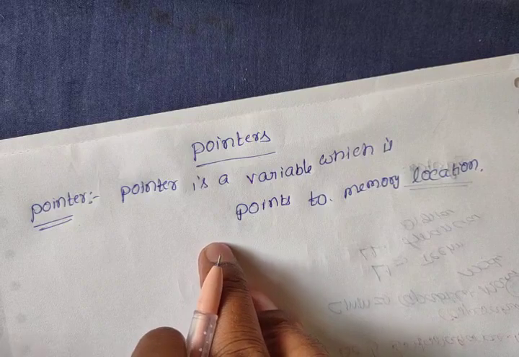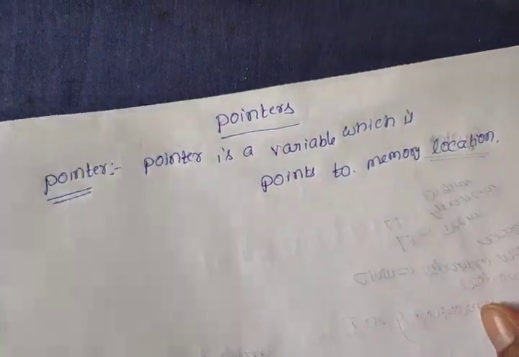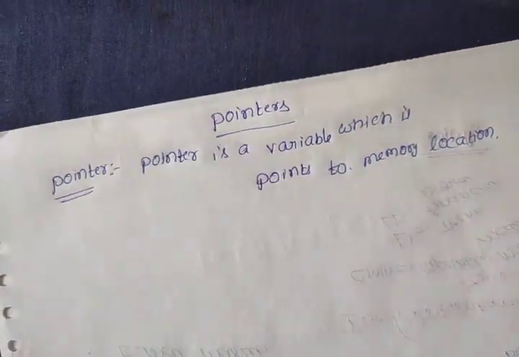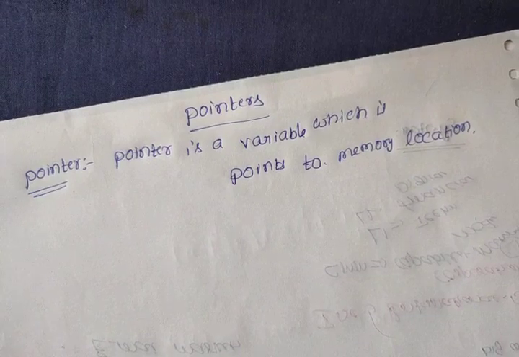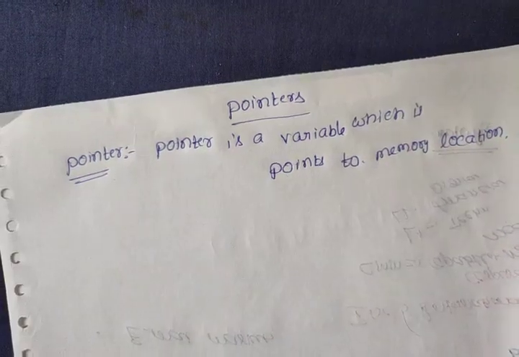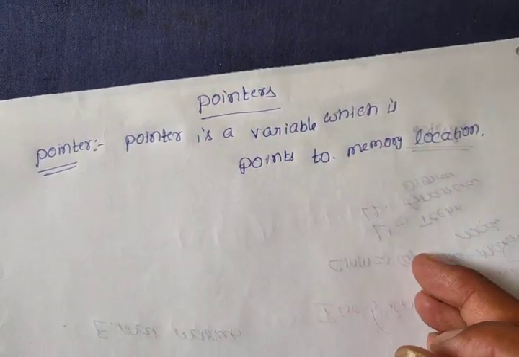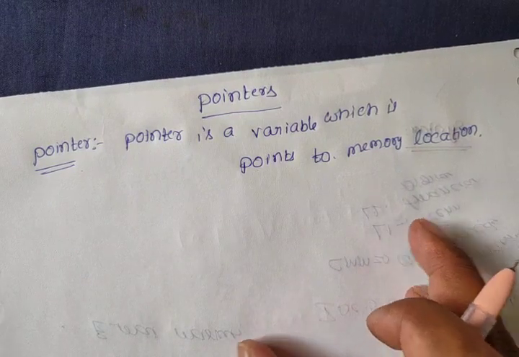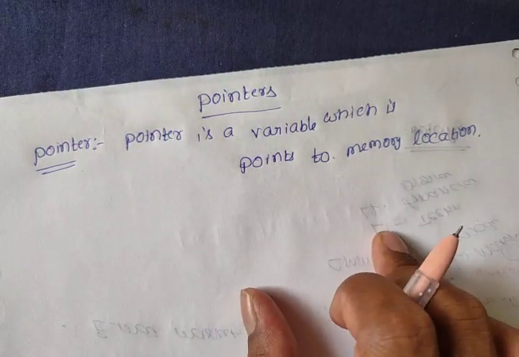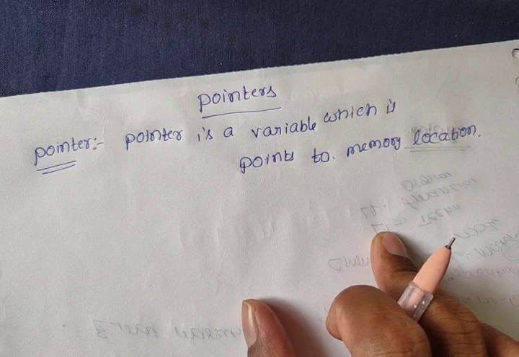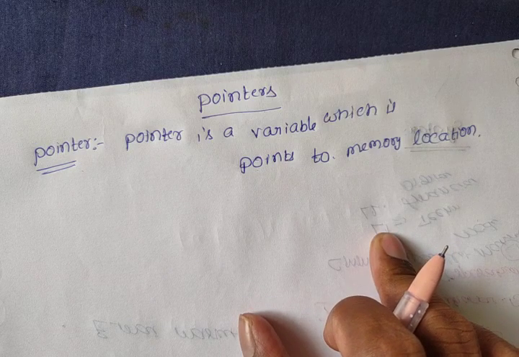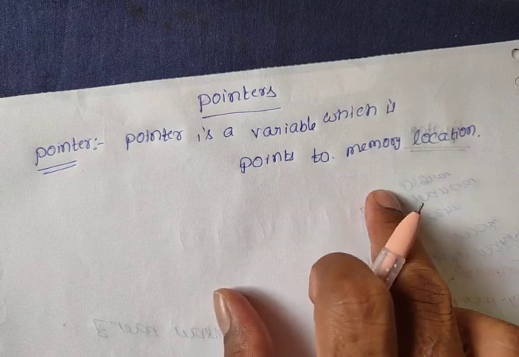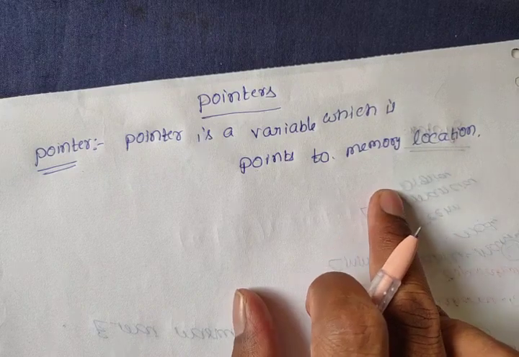That means in our C language every variable will be allocated memory, but this pointer variable will contain another memory location. In general, without using pointers there is no programming, because every program resides in memory.